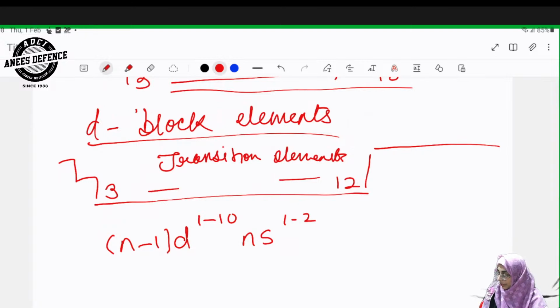You will see oxidation state later on in detail. This is because the energies of these electrons are almost identical.